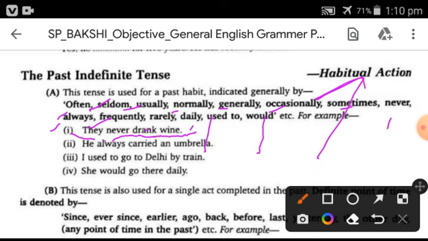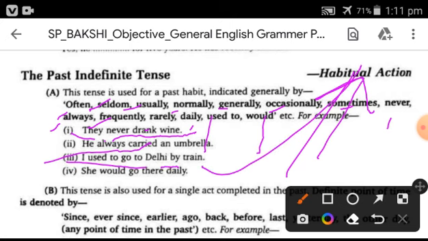He always carried an umbrella. It is also a habitual action of the past. I used to go to Delhi by train. She would go there daily. It also comes under habitual action.